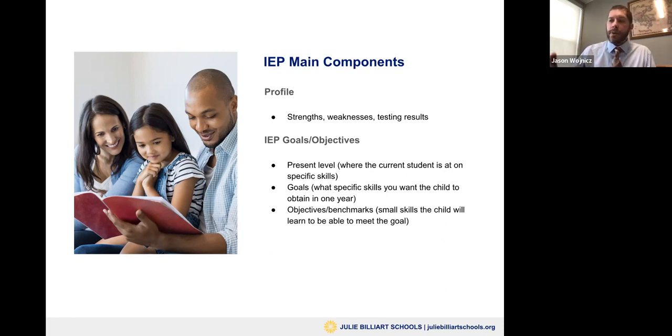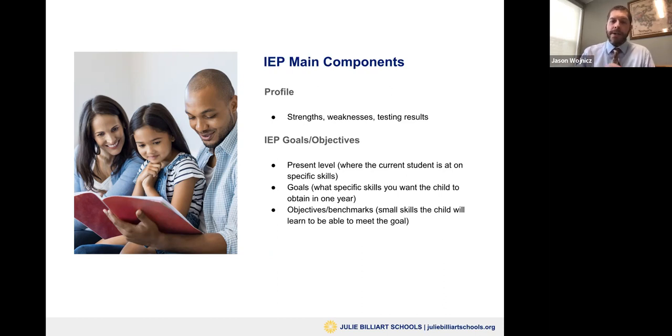And so as your child proceeds over the next year, they're going to be working on their goal, on their objectives and their benchmarks that will lead them to their overall goal. So how many goals does a child have on their IEP? That varies greatly from student to student, and that varies greatly based on what the needs are.